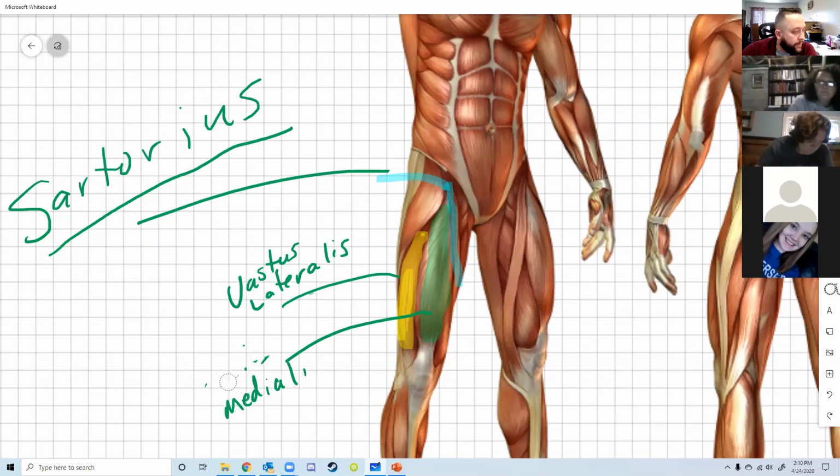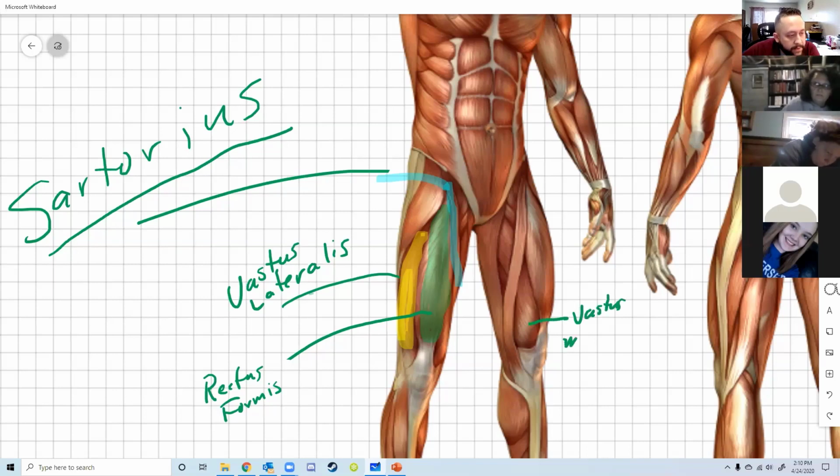So I'm looking at page 145 in my book. This one on the front is rectus femoris. And it makes sense because it's running straight up and down. This one right here is vastus medialis.